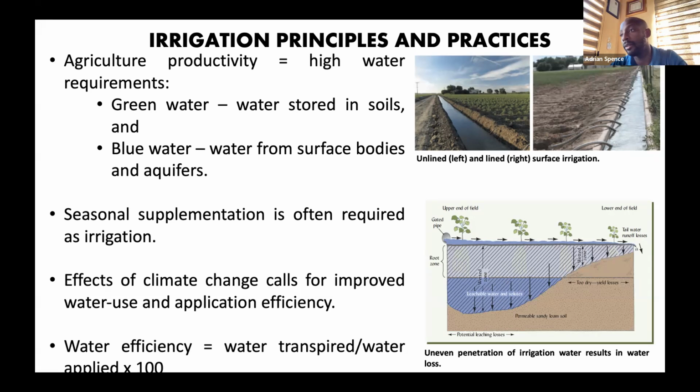So if you have a loamy soil, then you will have a lot of water pooling at the initial end, which is here, where the water is introduced, because a lot of that water will actually go down pretty quickly. And even though you have your field on a gradient, because of the nature of the soil, little water reaches the other end, or it does so at a much slower rate.